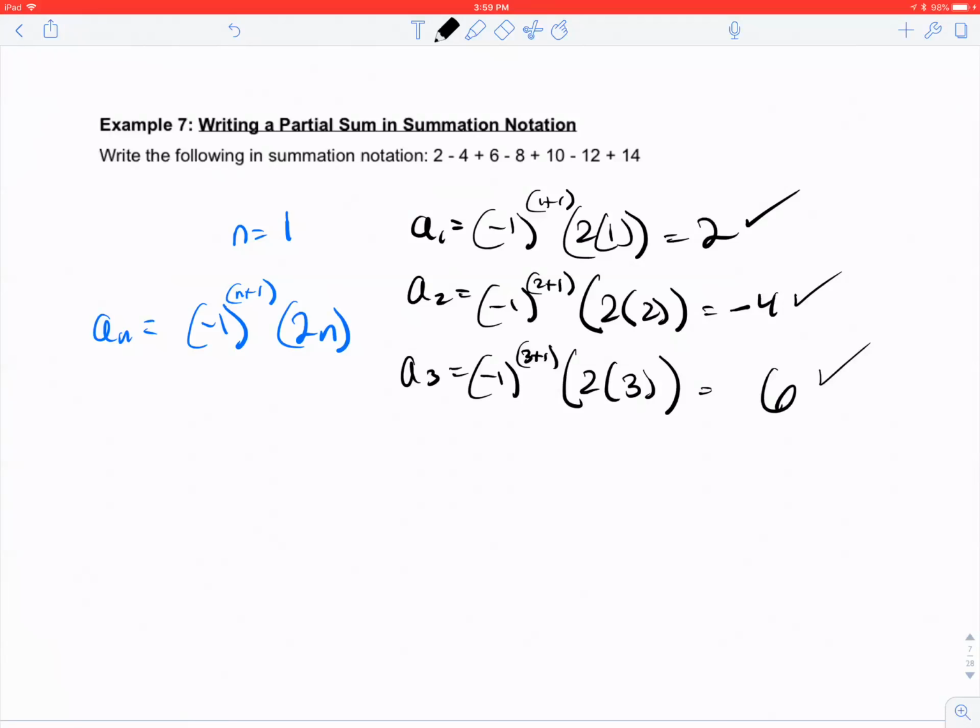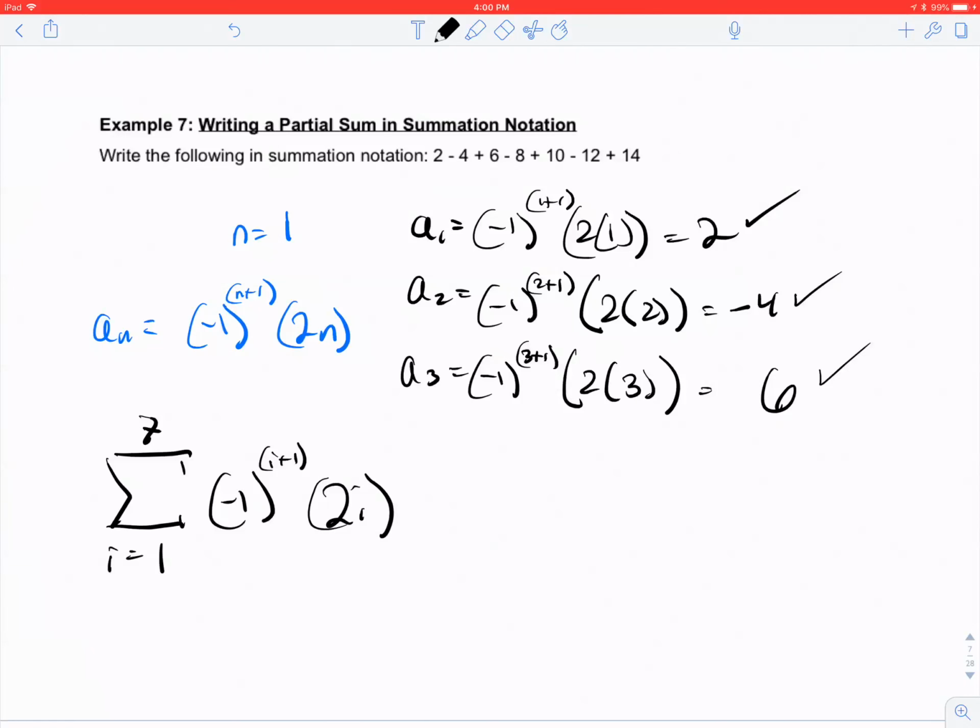Now let's write this in summation notation. We're going to say the sum of a sub i as i goes from 1 to 7, counting 1, 2, 3, 4, 5, 6, 7. Instead of a sub i, we're going to write (-1) to the power of i plus 1 times 2i.